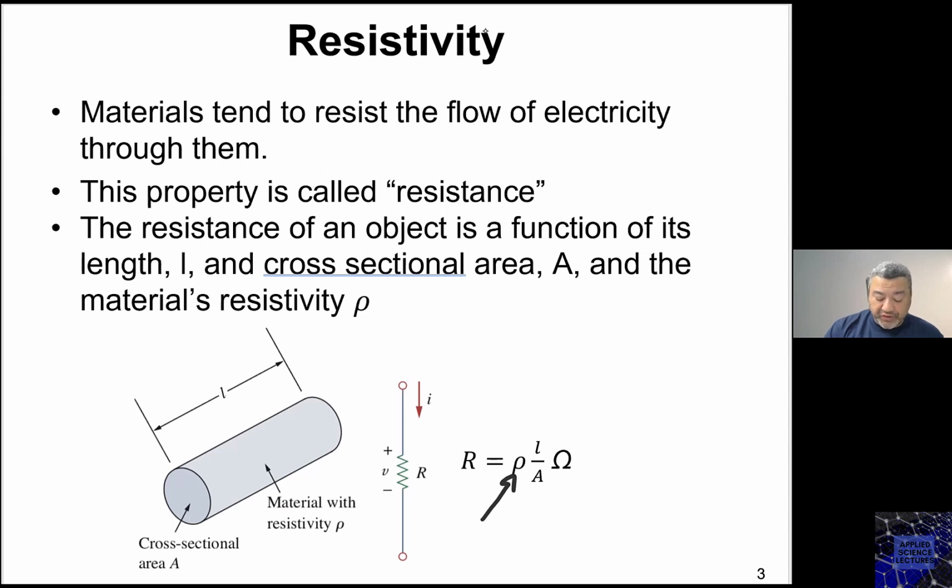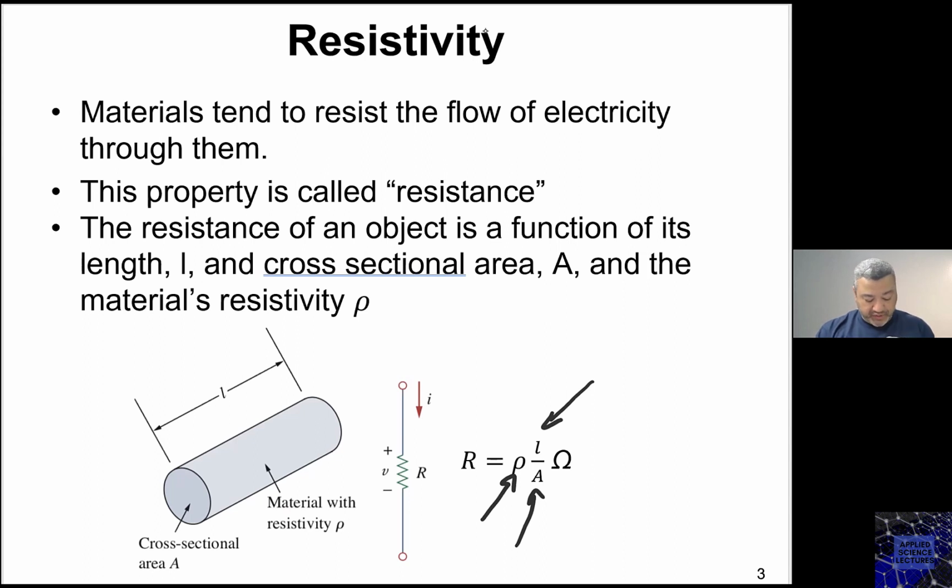Now, based on the dimensions of this structure that you are making this resistor from, you can see that it's also a function of the length and the cross section. The unit for the resistance is ohms.